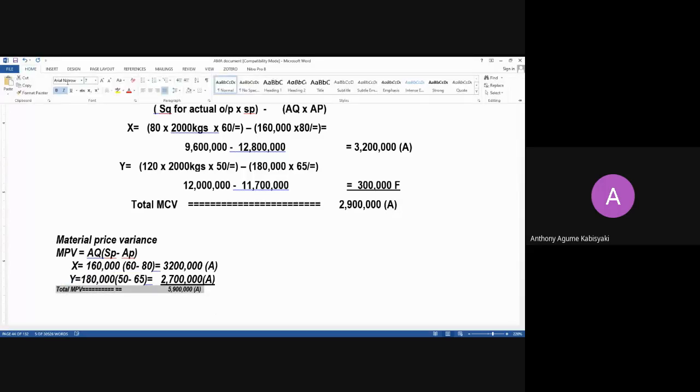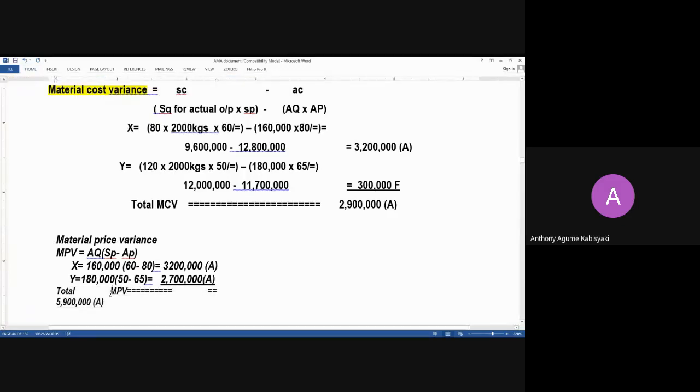So that is the total material price variance.